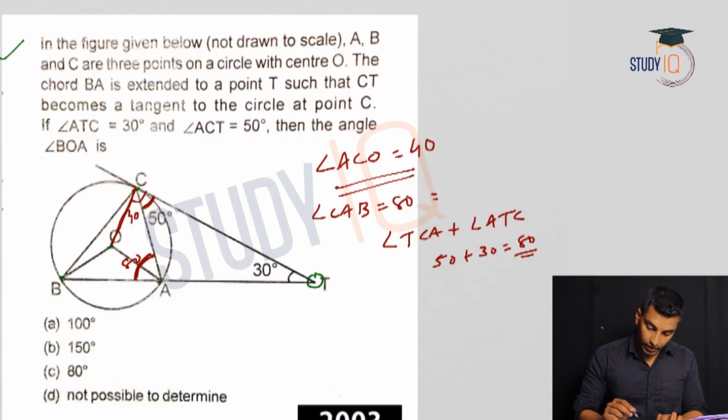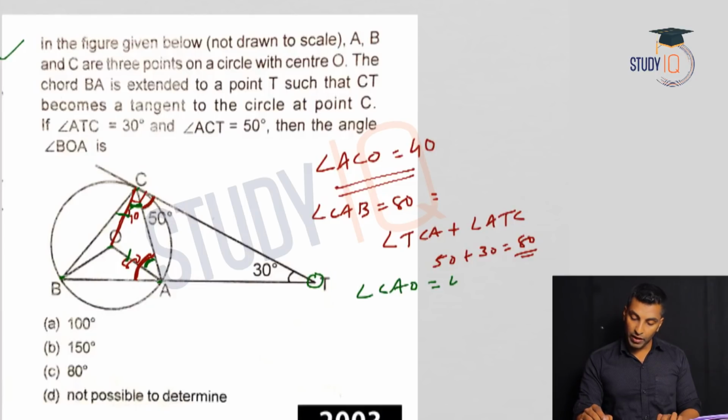Now if you observe here, these two, CO and AO, are equal because both are radius, right? So if this is 40, this will also be 40. Angle CAO will be 40. Angle COA will be 40. The reason is angle ACO is 40, and both OC and OA are radius, so angle COA is 40.